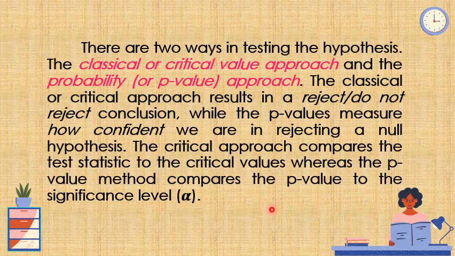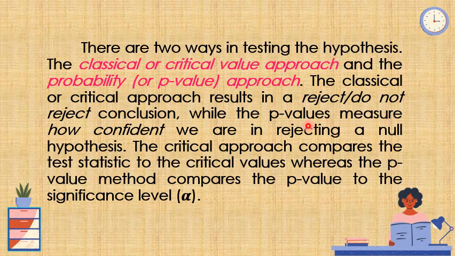So, there are two ways in testing the hypothesis: the classical or critical value approach and the probability or p-value approach. The classical or critical approach results in a reject, do not reject conclusion, kagaya ginawa natin sa mga examples kanina.